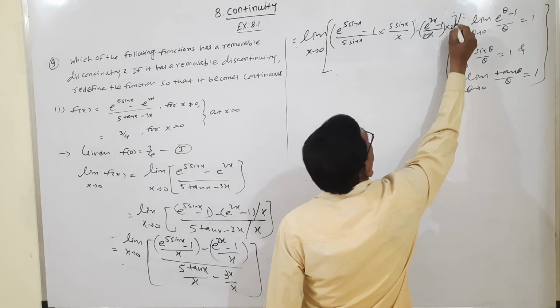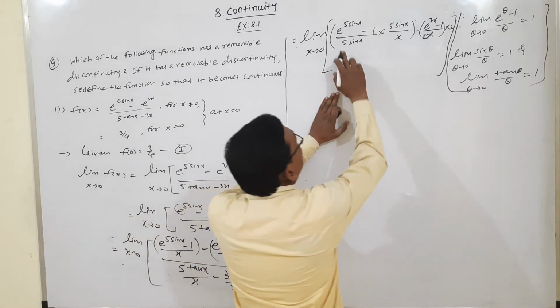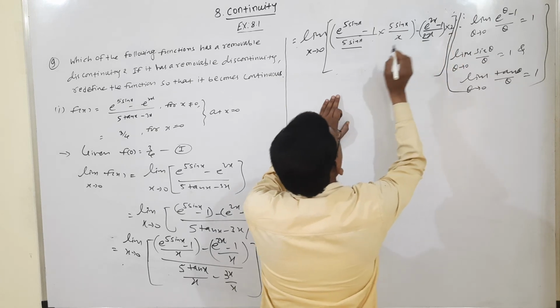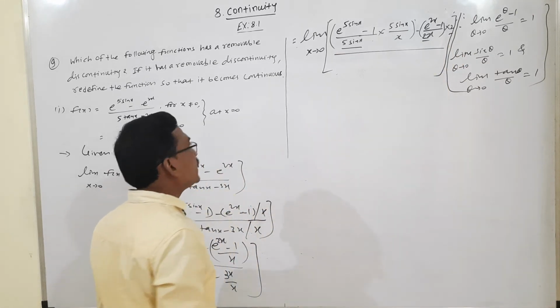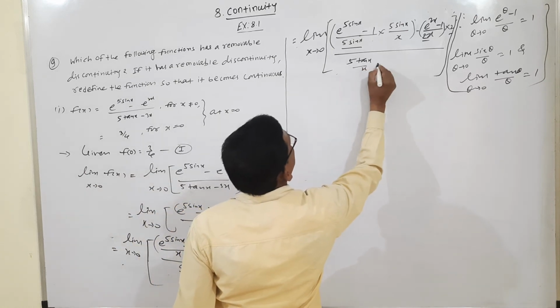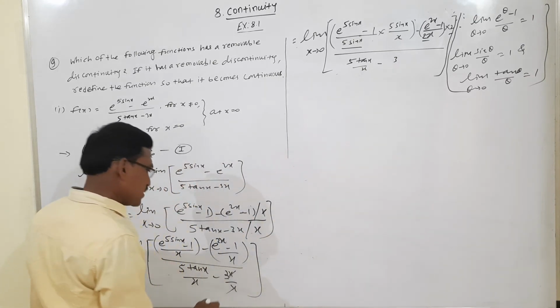We add this 2 here. Okay, here we add this with 5 sin x, and here we add this 2 here, whole divided by 5 tan x divided by x minus 3 only, because x will get cancelled here.